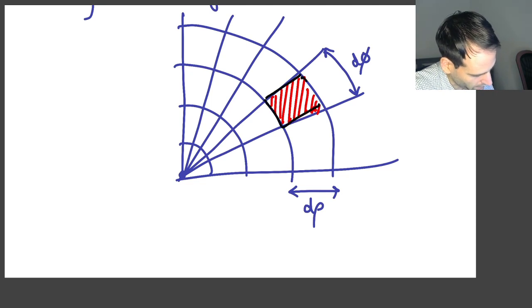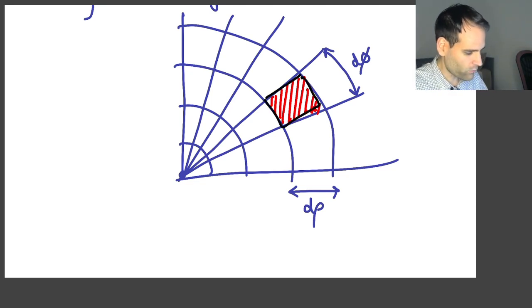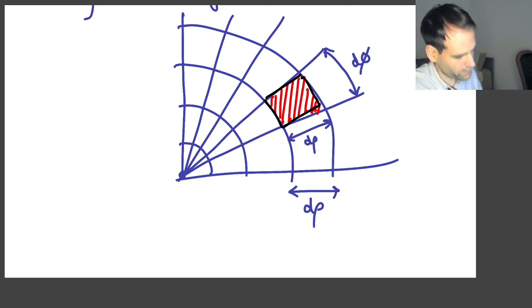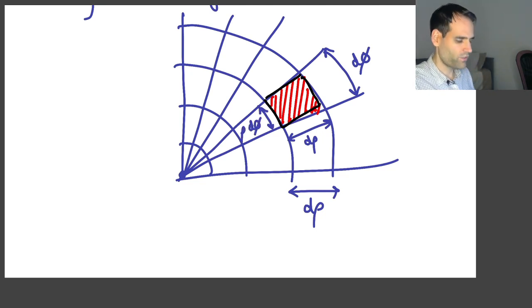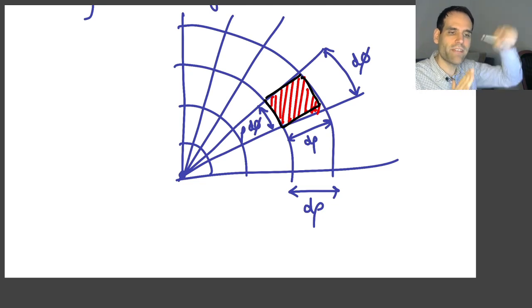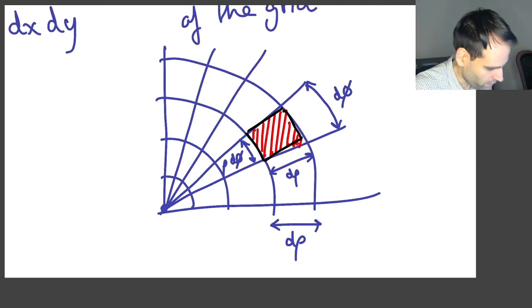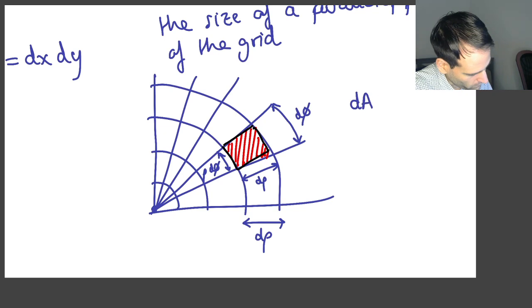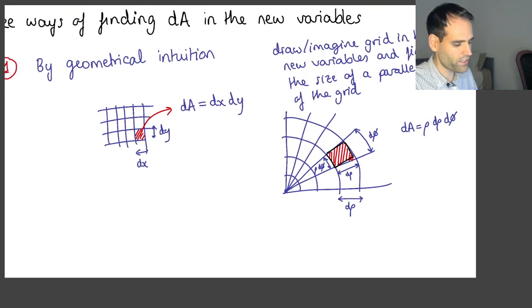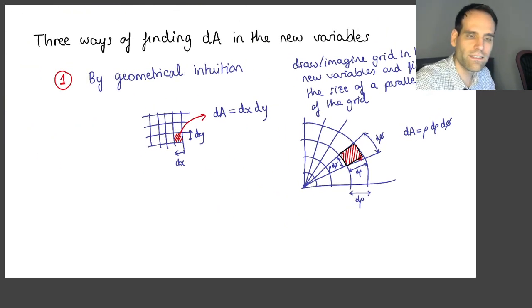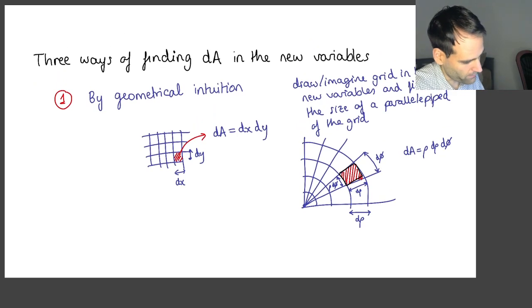In this case, it would be a rectangle, and this rectangle will be d rho in this direction, and the size in this direction will be rho times d phi, because you have to multiply the angle times the radius, right? So that would give you that dA is equal to rho times d rho times d phi. Okay, so by geometrical intuition, you can figure out the value of dA.